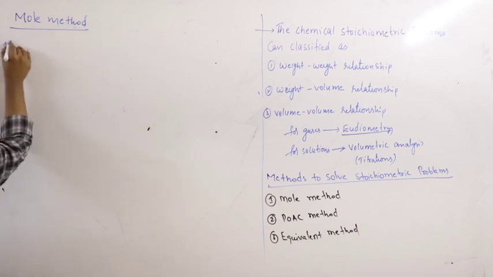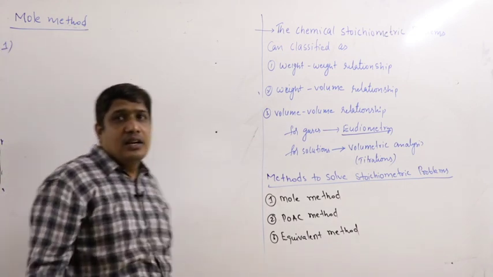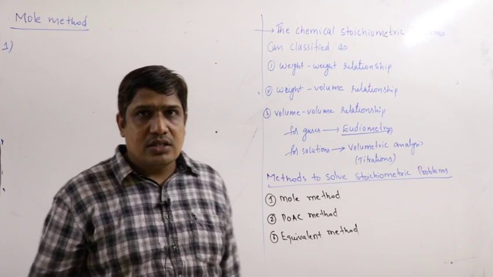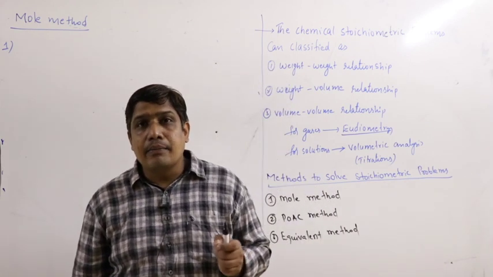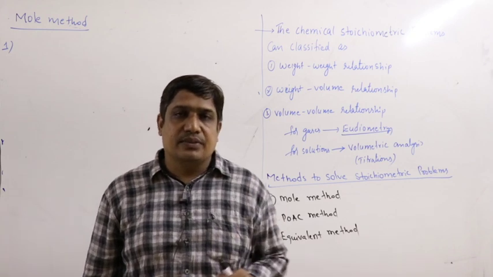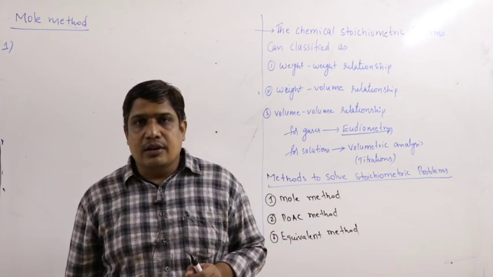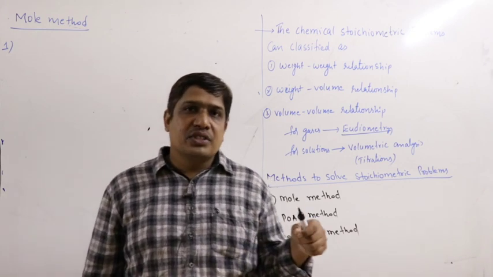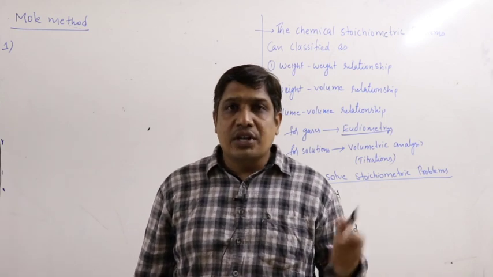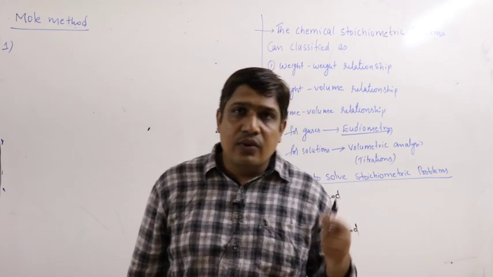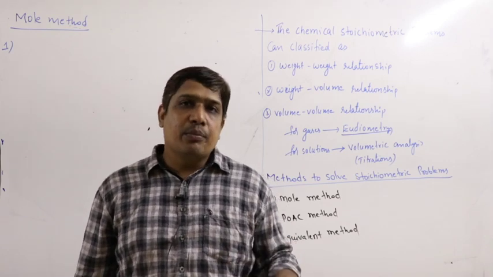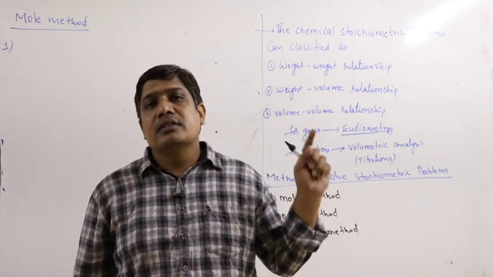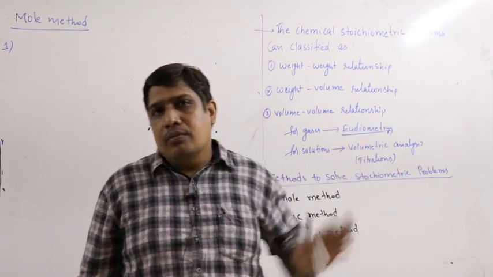First step: write the chemical equation, check whether it is balanced or not, and balance it. So simply write the complete balanced chemical equation. Second step: the stoichiometric coefficient represents the mole ratio, so write the mole ratio from the balanced chemical equation. Third, using the unitary method, find the quantity of the required compound.